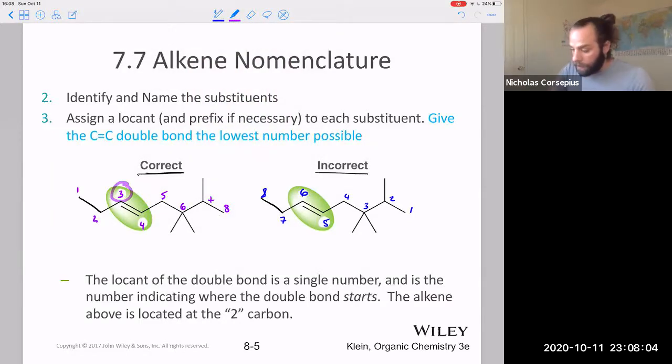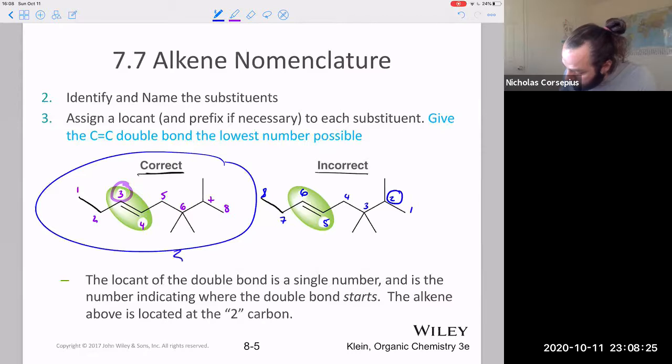On the right-hand side, I have a methyl group located at position 2. Previously we were doing whichever was the lowest number, that was the correct numbering of the parent chain. When it comes to alkenes, we're really focusing first on that double bond when we're numbering, and it's all about giving the lowest number to that double bond. So this is still correct. Even though this is a 3 versus a 2, this is still the correct way to number because it gives our double bond the lowest possible number.